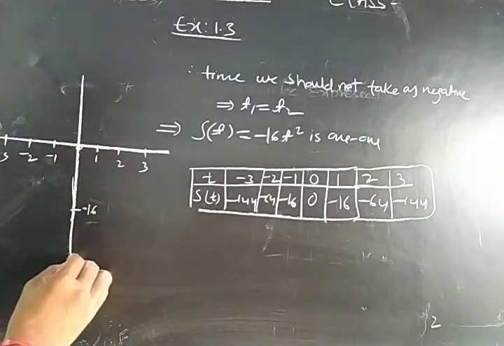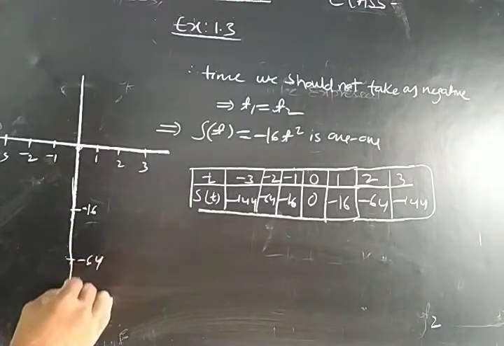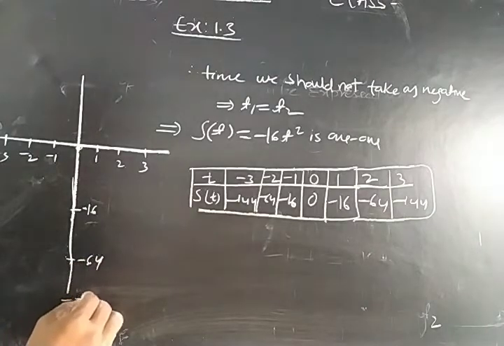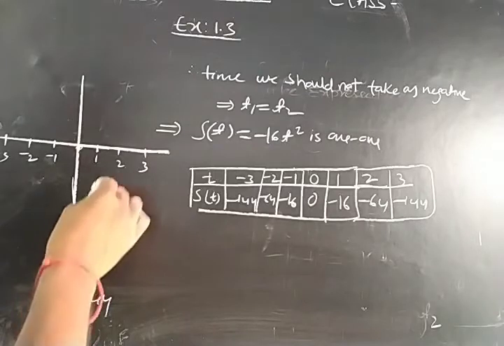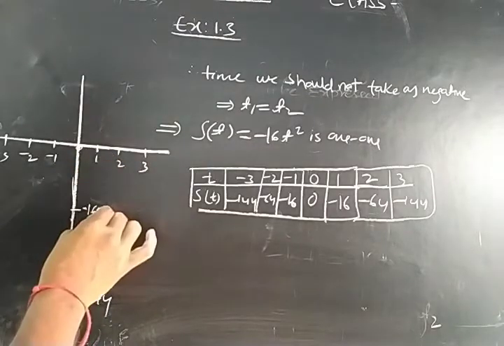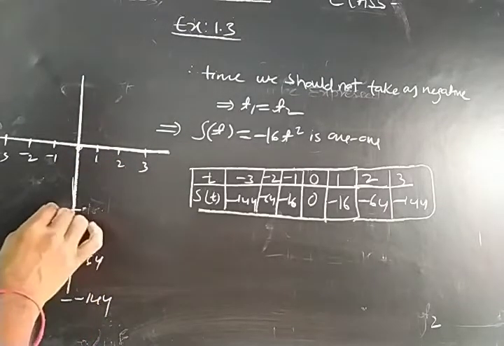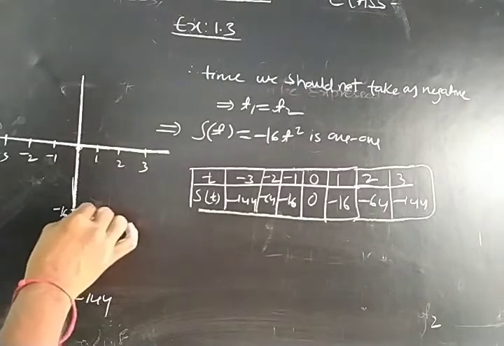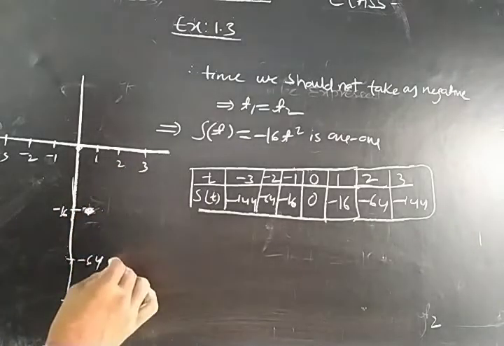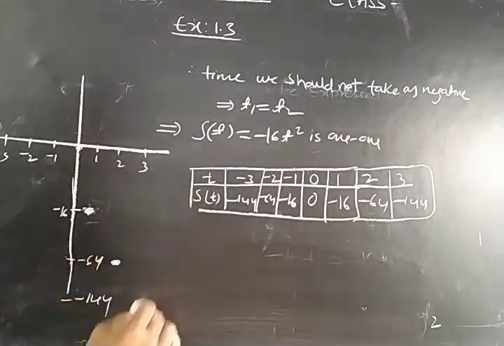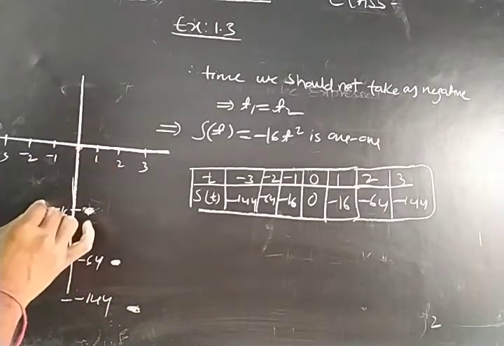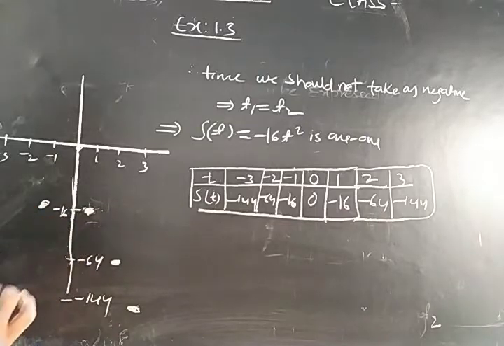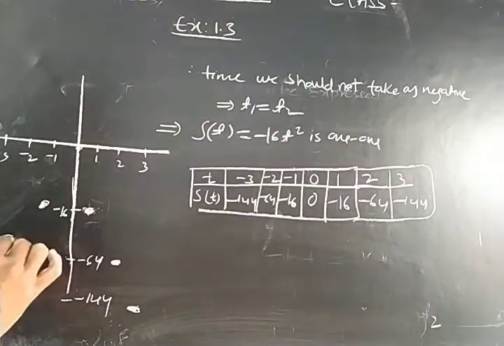Here I am taking minus 64, and here somewhere minus 144. At 1, the value is minus 16. At 2, minus 64. At 3, minus 144. At minus 1 again minus 16. At minus 2, minus 64.